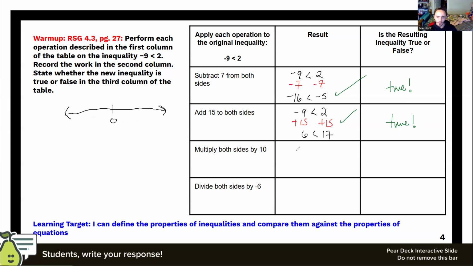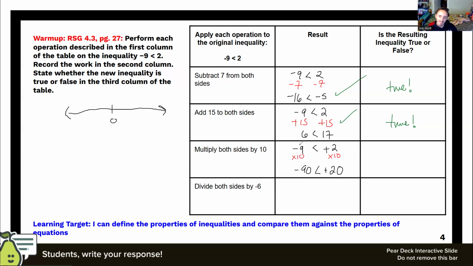If I think about multiplying both sides of my problem by 10, I've got negative 9 is less than positive 2, but now I'm going to multiply each of these by 10 and see what I get. And what I'll notice here is that I get an inequality that's negative 90 is less than positive 20.